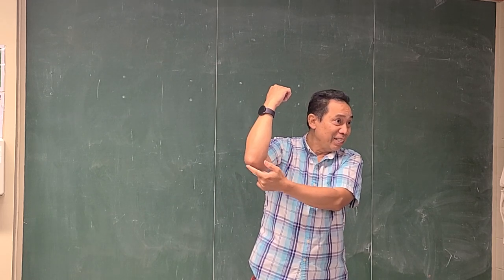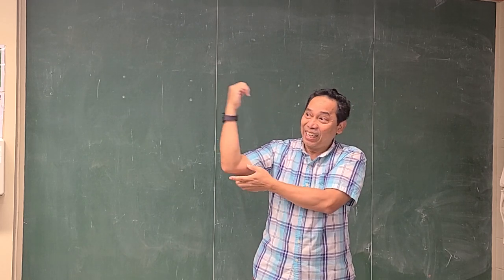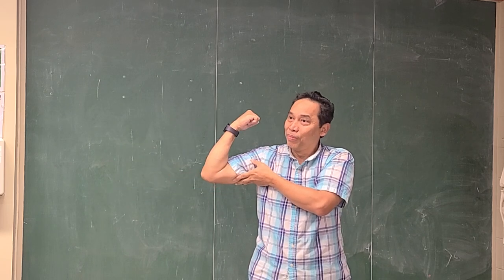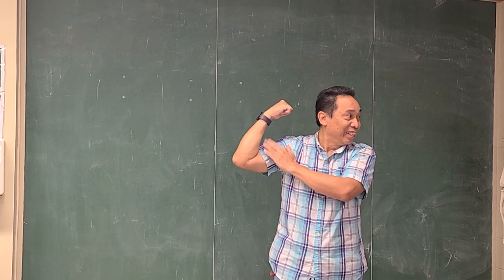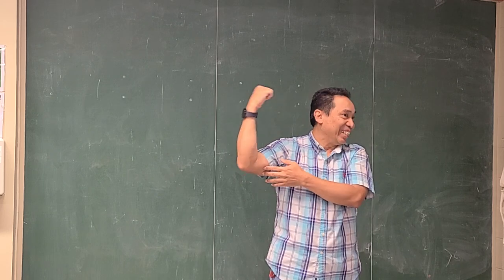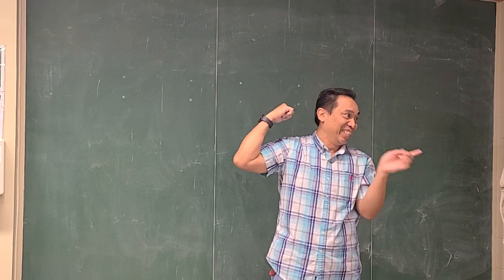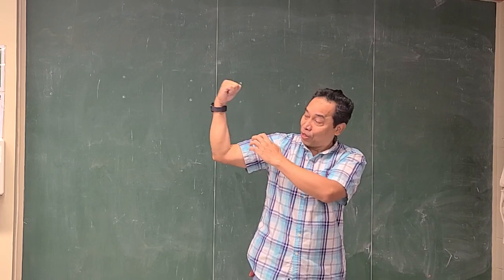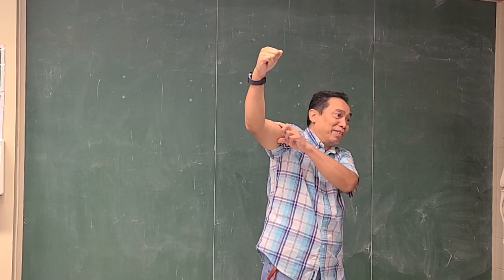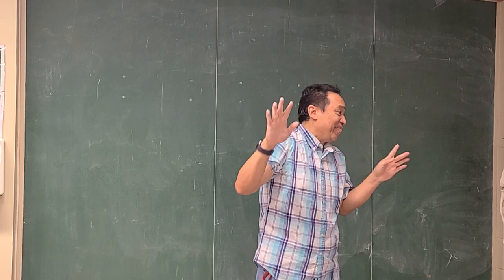That joint is called the hinge joint. And then this movement over here, boom. What do you call that movement? You flex your arm. It's called flexion. This is just for example. And that flexion is caused by the contraction of this muscle over here, the bicep. You see that one?